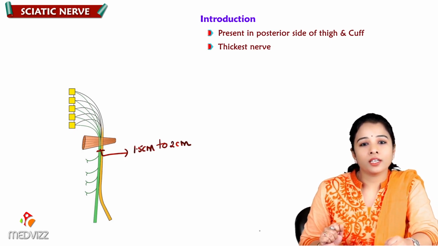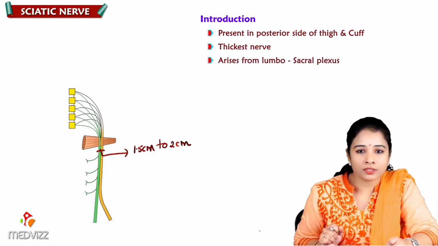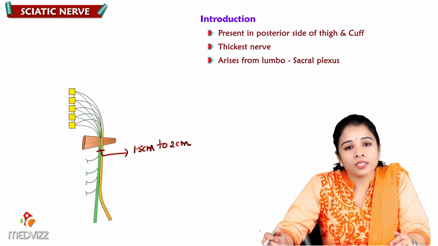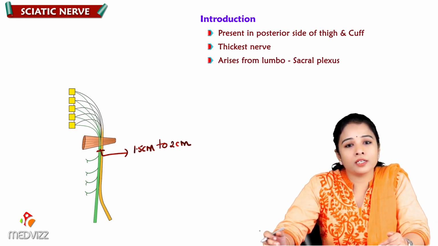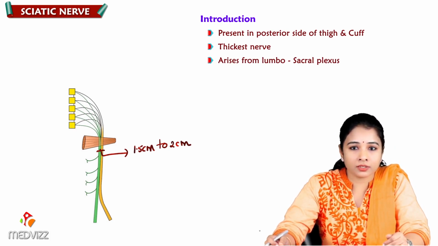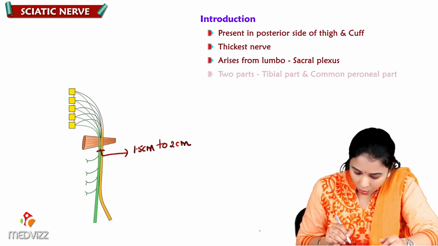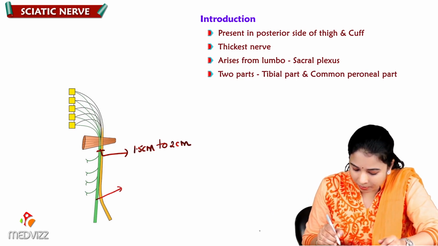And the sciatic nerve arises from the lumbosacral plexus, which means the lumbar spinal nerves and sacral spinal nerves form a plexus called the lumbosacral plexus. We know it has two components. One is the tibial component.